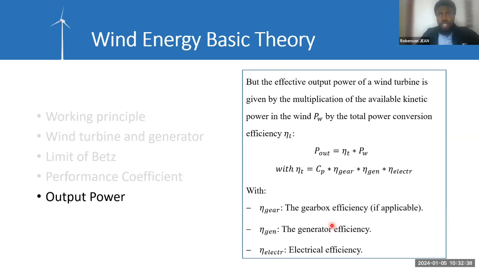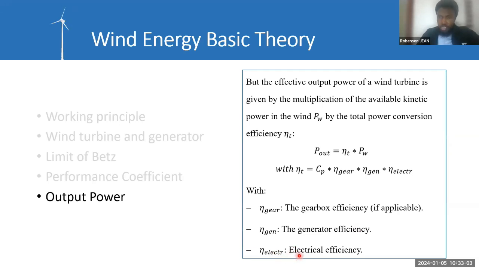In the permanent magnet synchronous generator we do not have a gearbox, but in others, like the squirrel cage induction generator, we have a gearbox. In the gearbox we have mechanical losses, and this is the generator efficiency that takes into account mechanical and magnetic losses.